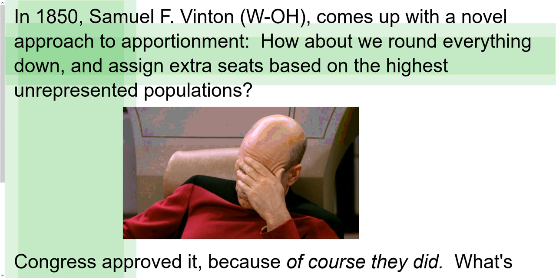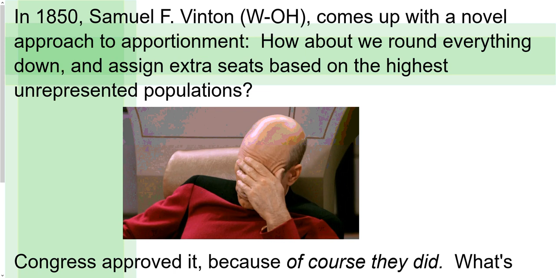And remember that back then, they have to debate that. According to the laws of the Constitution, they essentially have to debate this every 10 years. Even though they like Webster's method, and it's generally a good method, according to the rules that they had at the time, they do have to debate this every 10 years. So it opens up the door for stuff like this.